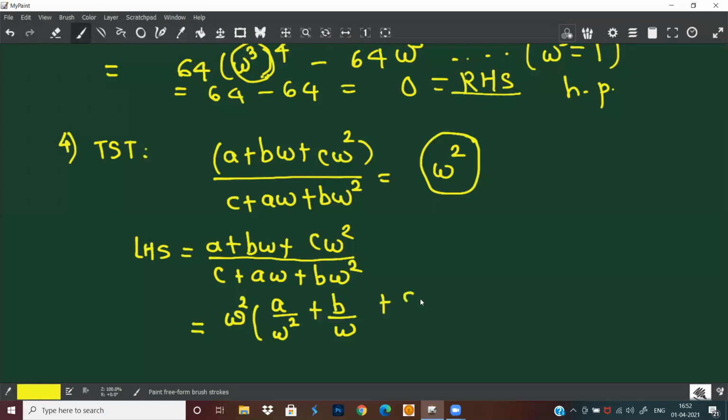And it will be C. Correct? Got it? All of you? I took omega square common from the numerator.